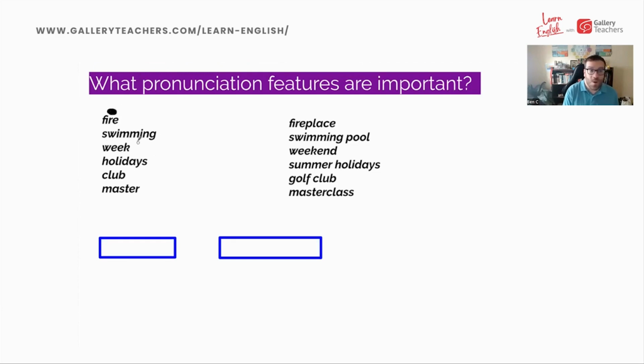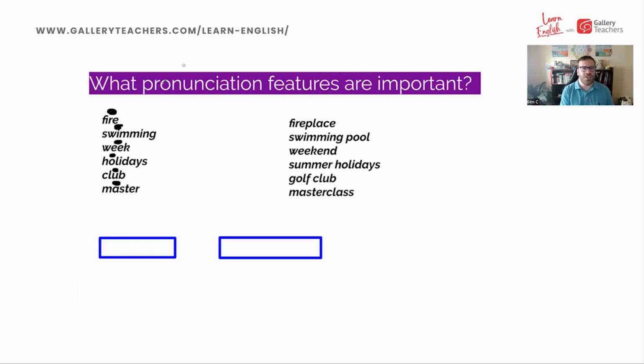In swimming, we stress the first syllable. Week, one syllable. Holidays, again, we're stressing the first. Club, and let's see, master or master. Whichever way you say it, I'm from the north of England, so I say master. People from the south might say master. But either way, we're stressing the first syllable.